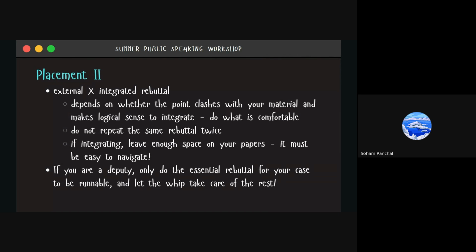As the PM or the LO would only have the time to state your case, set up the world and set up the arguments. So the elaboration is on the deputies.